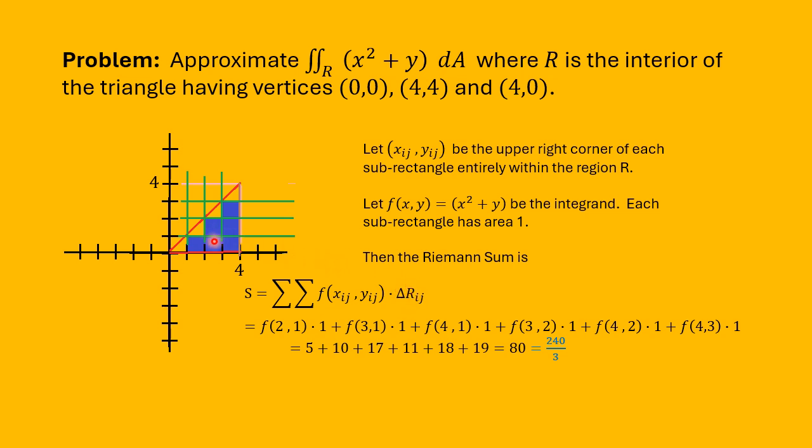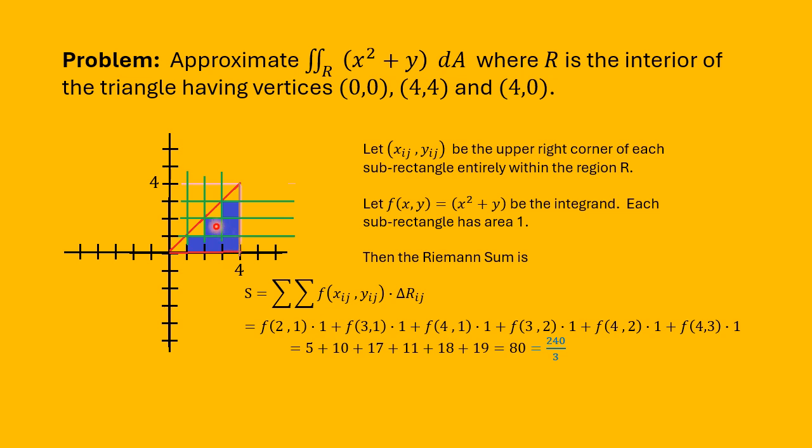So if we go through each of these squares and set up this Riemann sum, we'll have f of 2, 1, which is the point right here, times the area of that square, 1, plus f of 3, 1, which is this point right here, times the area of this square, which is 1, plus f of 4, 1, which is the point that we see right here, times the area of this square.